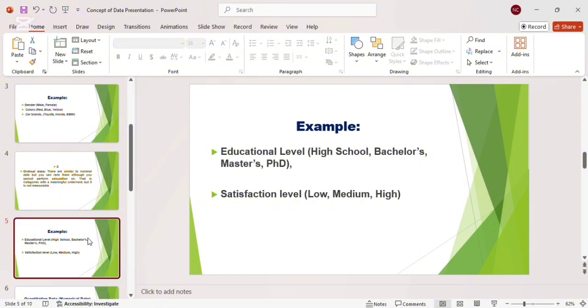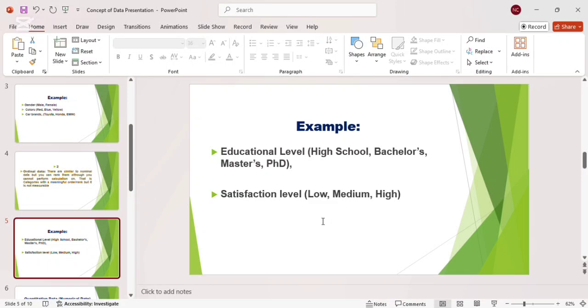Another example is satisfaction level. We have low, medium, and high. Low, medium, and high, they are ranked. As we can see, high is greater than all of them.